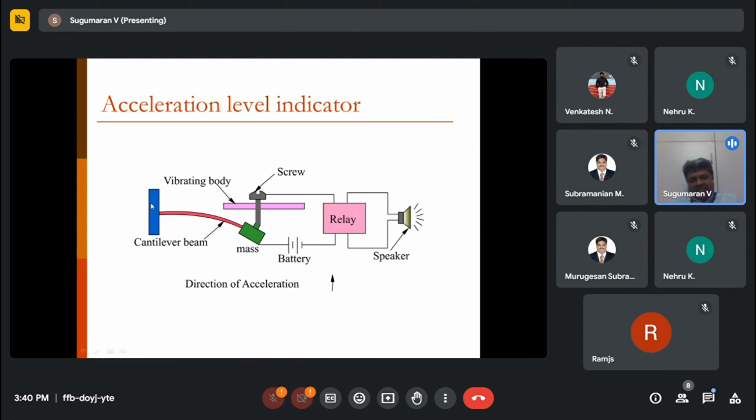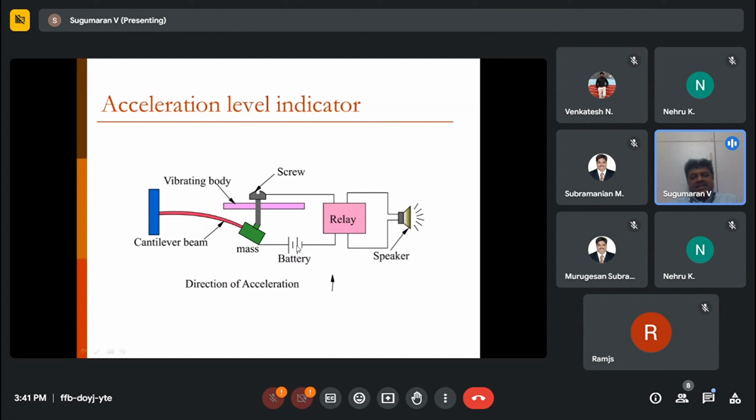On the parts of the machinery, there is a cantilever beam and there is a screw. The cantilever beam is slightly stretched downward with the mass, and now the body moves up and down. That means it has vertical vibration. In that process, up to a certain limit, the mass will keep touching this screw.